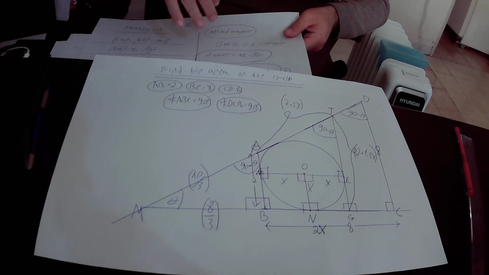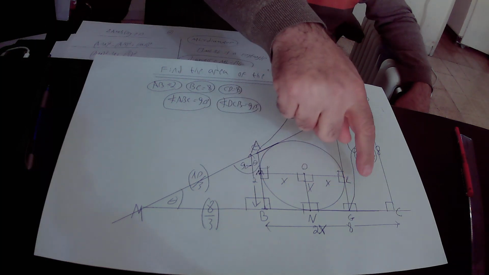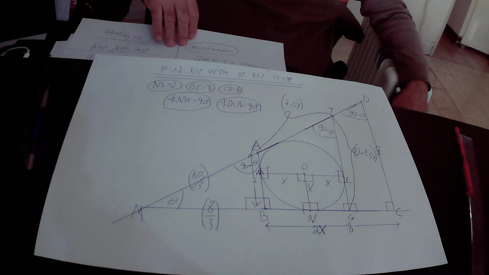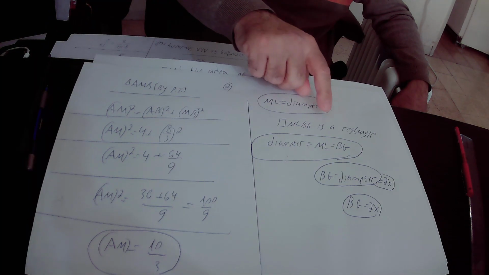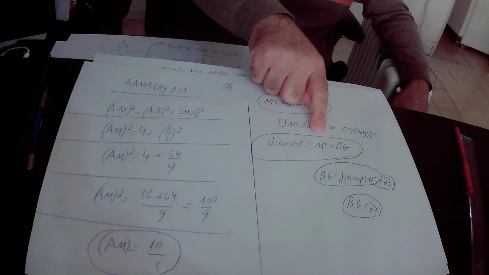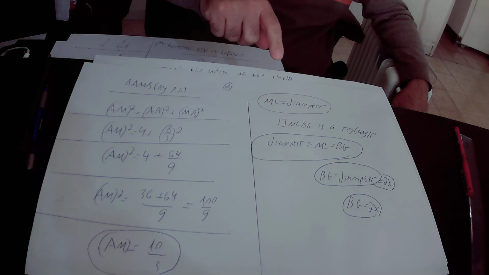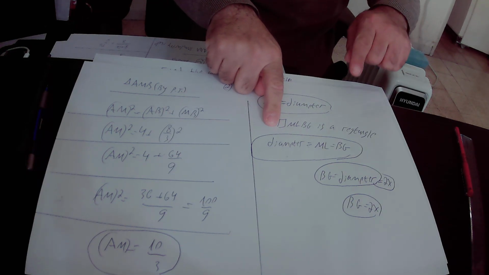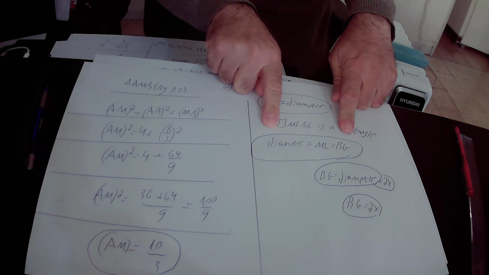And we know that the opposite sides of a rectangle are equal to each other. That is to say, BG equals ML. The opposite sides of rectangle MLBG are equal to each other. What we just found out is that ML is the diameter. From this equation we derive that BG is also the diameter.